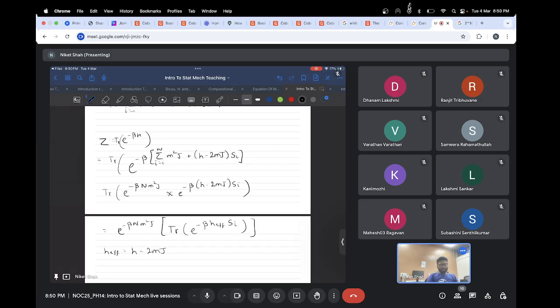Basically, this is some effective magnetic field that an individual spin experiences in a system like this. The actual external magnetic field value is given by h, but individual spins experience an external field of h minus 2mj effectively. That is what h effective means, and this calculation tells us the kind of field each and every spin is feeling. So this is my partition function.